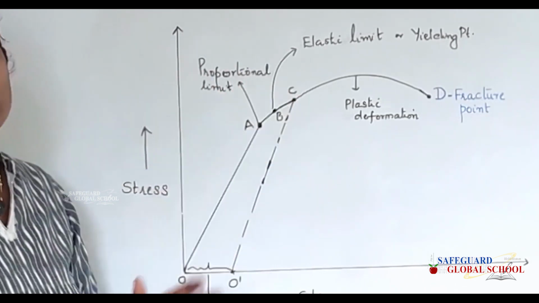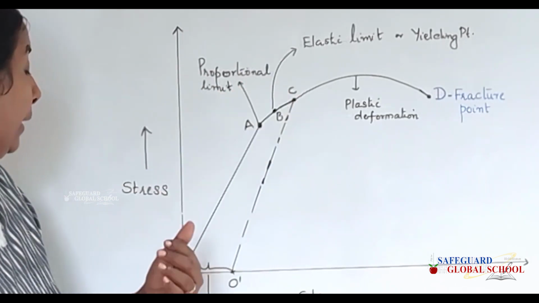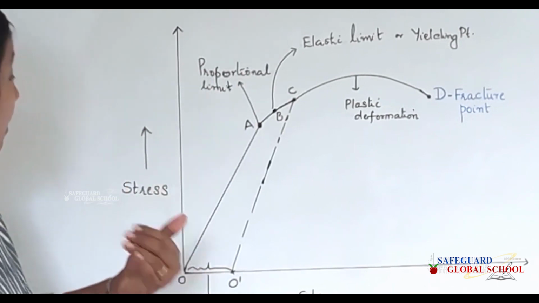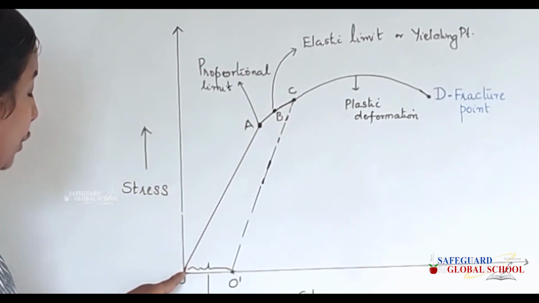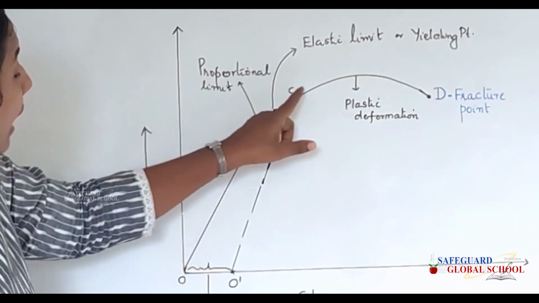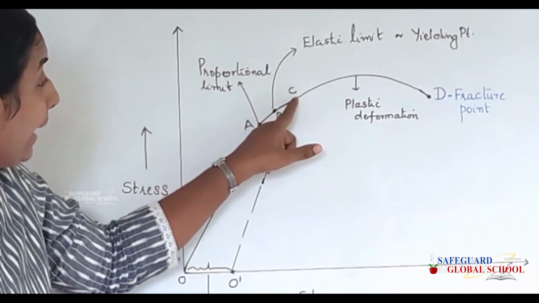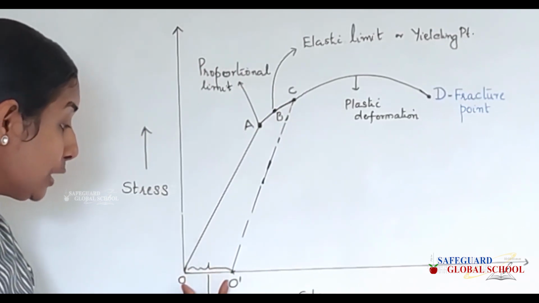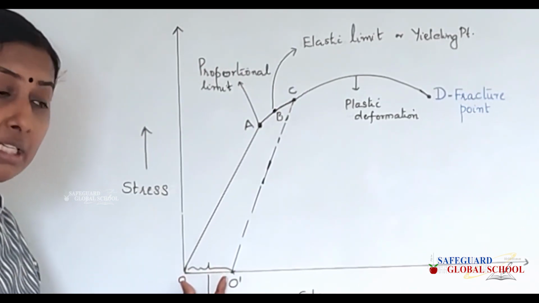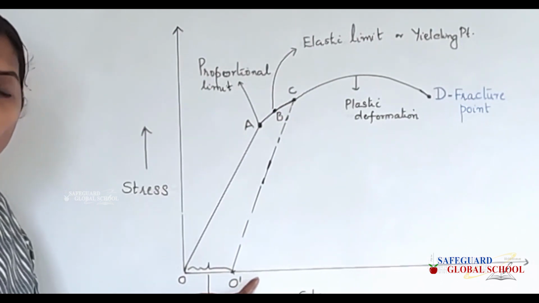But at C, it is not like that. When we are reducing the stress gradually, it will not come back to its original position, as we have moved up. There will be a residual strain inside the material, and this is what is meant by O dash.